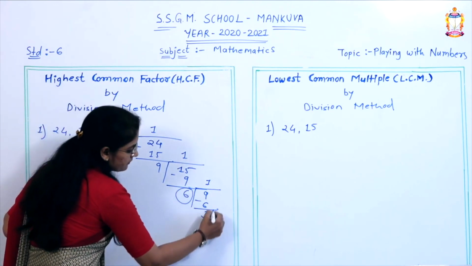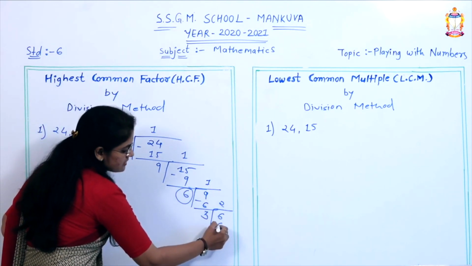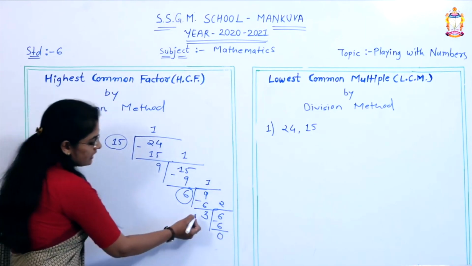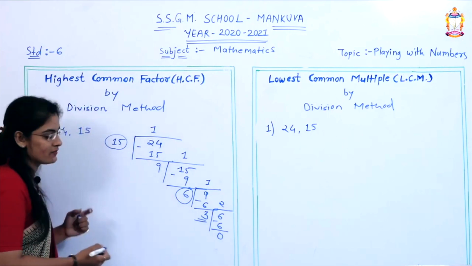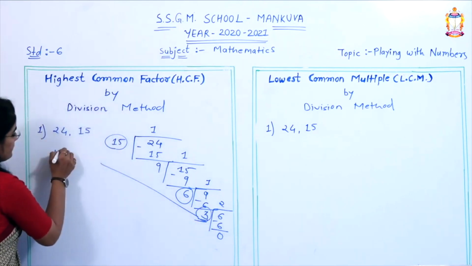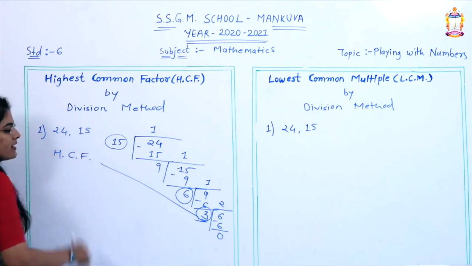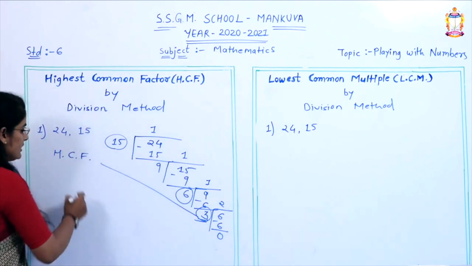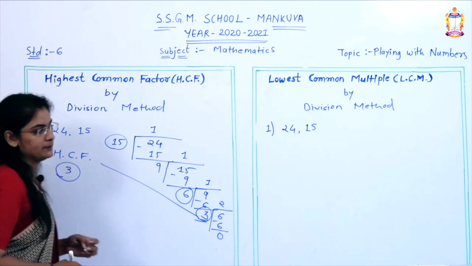Again do the same. 3 2s are 6. 6 minus 6 is equal to 0. It means that the last divisor, what is the last divisor? Number 3. The last divisor is called HCF. It means that HCF of 24 and 15 is number 3.